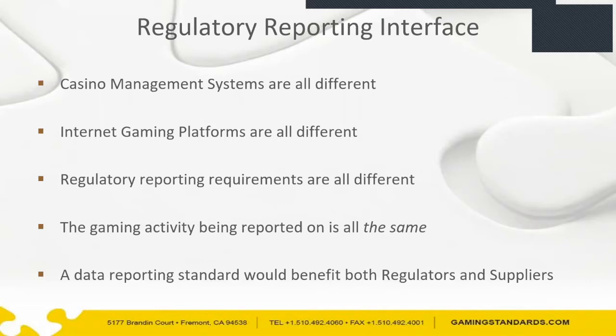So, for example, what do I mean? Well, the length of a data element might be different from CMS to CMS. So, let's say, given name. My name is Mark. The length that field or the data element might have in a CMS by Scientific Games might be different than the length it has from a CMS developed by Aristocrat.